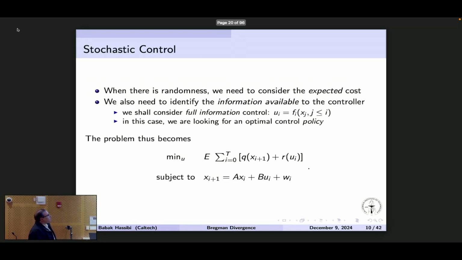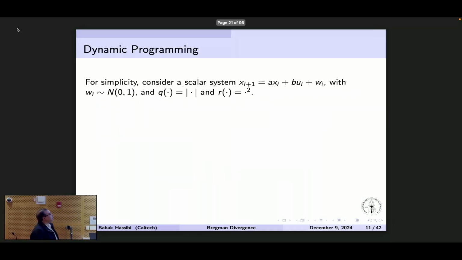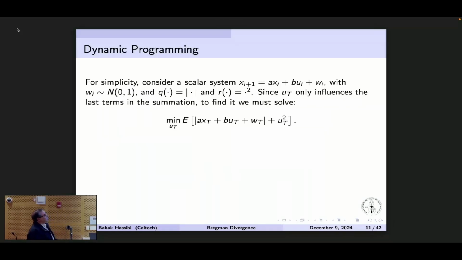Now, this problem is over a horizon T. The way we solve this is dynamic programming. You note that the last control signal u_T only influences the state at T plus 1. So in order to find the last policy, I just need to look at the last terms in that sum, and this is how you find u_T.